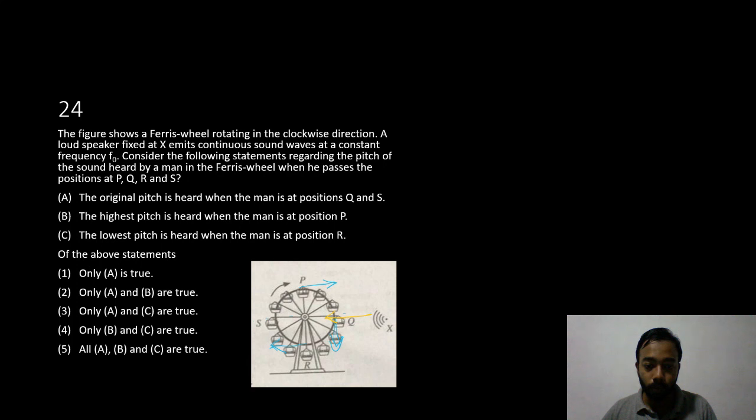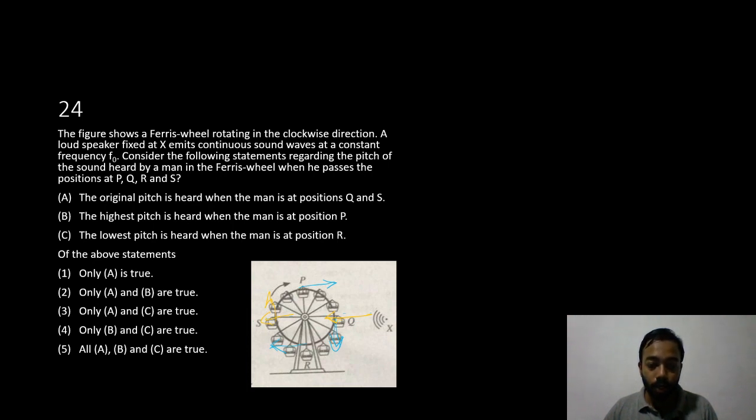So at Q and at S, the velocity of the observer will be perpendicular to that of the wavefronts of the sound waves. As the observer's velocity is perpendicular, there is no component of that velocity in the direction of propagation of the wave. So at Q and S, the observer will hear the original frequency of the speaker.